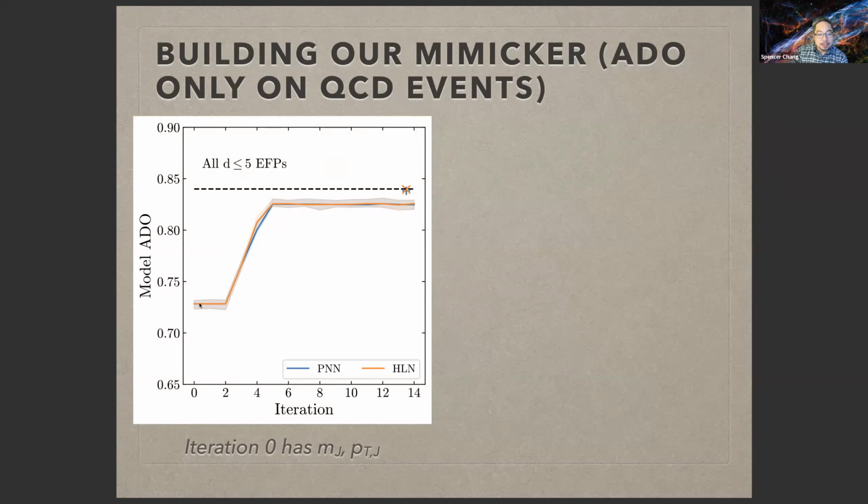I'll explain why this is flat for a little bit, then spikes up and plateaus again. These are the two approaches, the PNN and the HLN, and the spread is our sampling of over-evaluating the ADO over different event pairs.